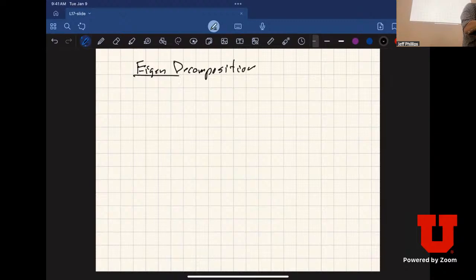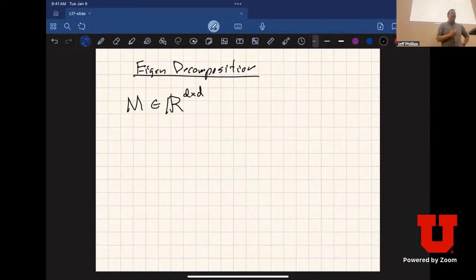Okay, so an eigendecomposition. What does eigendecomposition take as input? A bunch of you said you've seen eigendecomposition before. What does it take as input? Square matrix, good. So the input now is a square matrix. I'm going to call this one in R^(d by d).